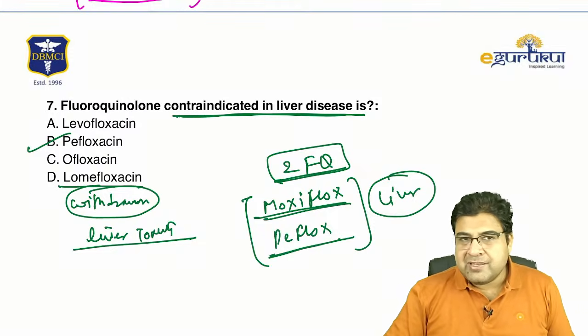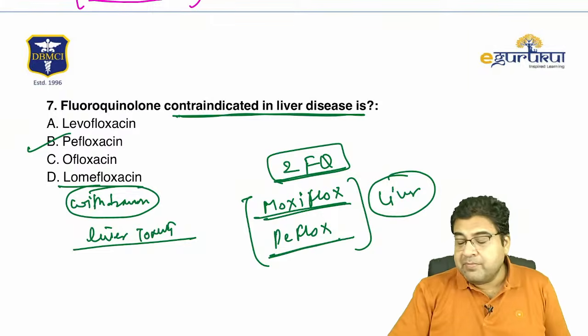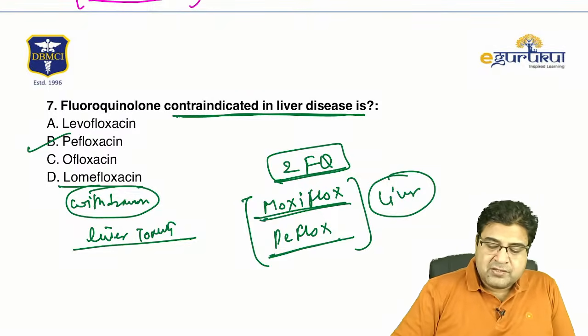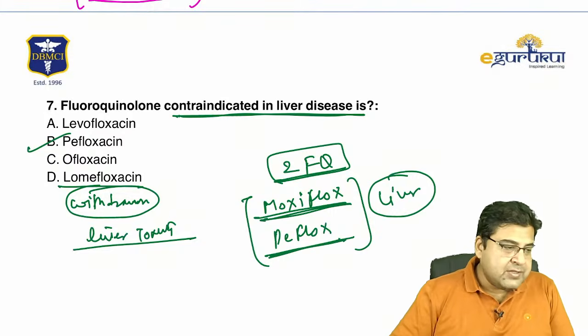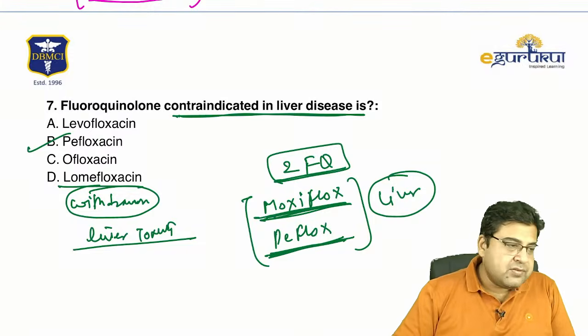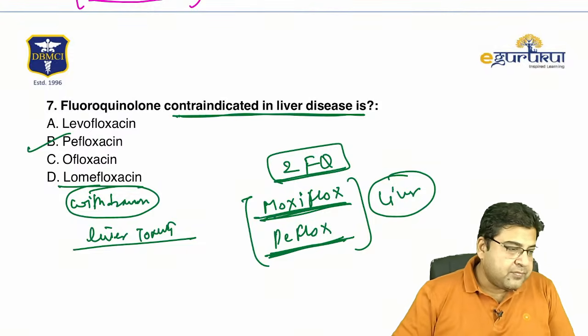Sorry, the best answer will be marked as B, not D. Right? So two medicines that are currently used and metabolized by the liver are moxifloxacin and pefloxacin. So here the answer is B, right?